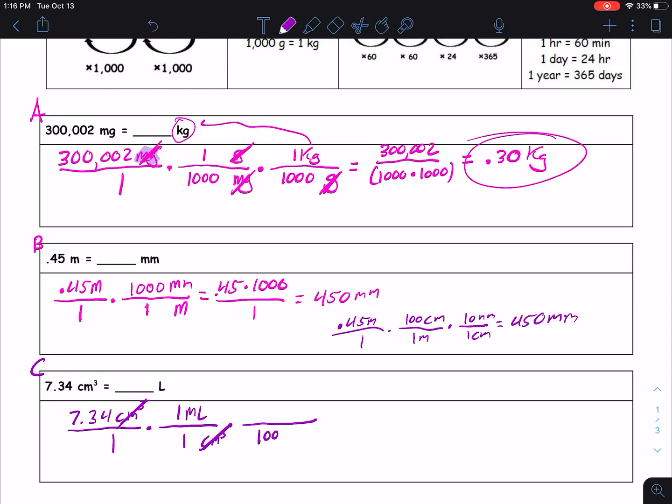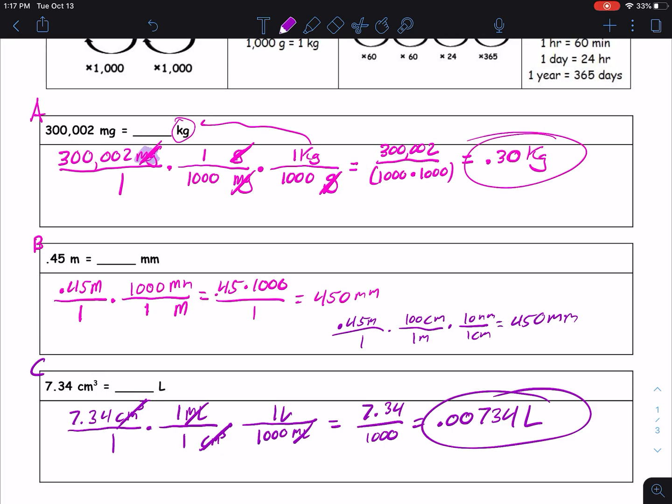Now, when we look back at our conversion factors, we know 1,000 milliliters equals 1 liter. So 7.34 divided by 1,000 equals 0.00734 liters. That would be our final answer here.